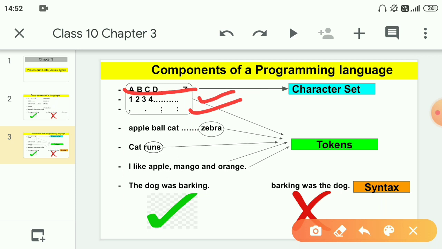So this character set is one of the components of a programming language. And we saw in the previous slide that all these character sets are used in a normal English language as well.